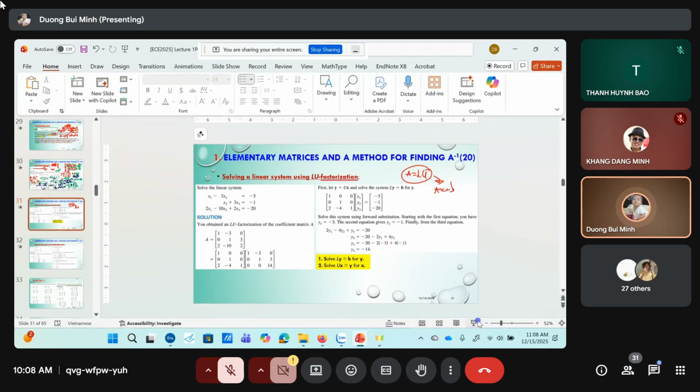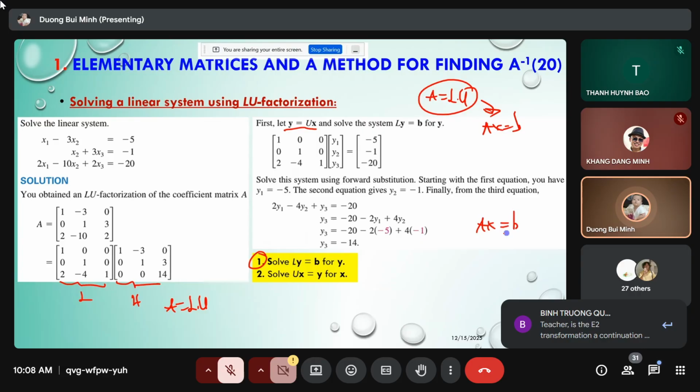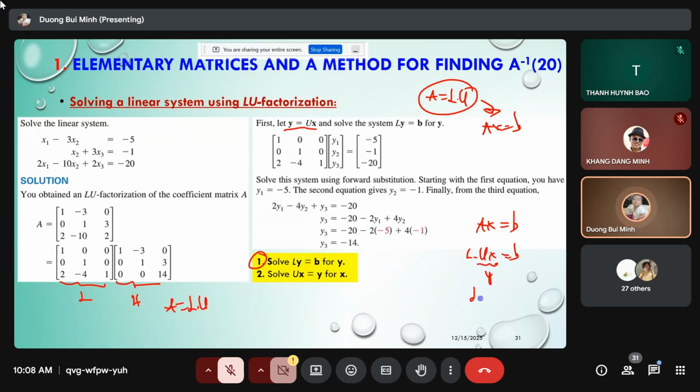So finally, we get L and U. This is L, this one is U. You need to remember the sequence: A is L times U. Then step 1, you let Y be U times X. We discussed before: AX is B, so A is L times U times X is B. You let this be Y, so you get L times Y is B.